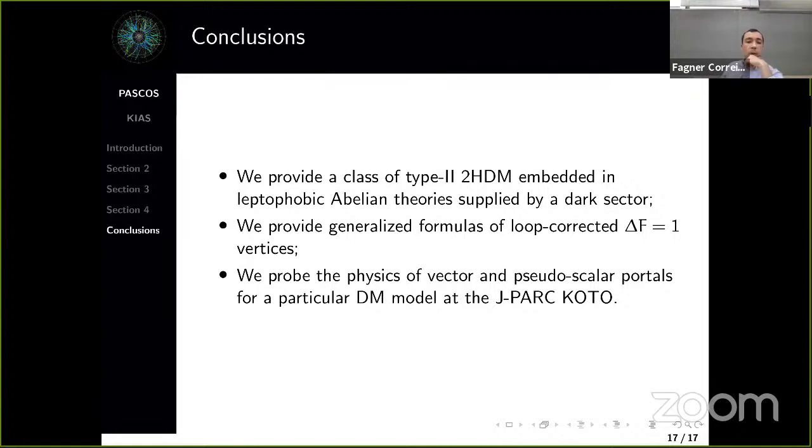And we probed the physics of vector and pseudoscalar particles for one dark matter model at the J-PARC KOTO experiment, which resulted in competitive bounds compared to both searches in the light or at the electroweak sector. Thank you.